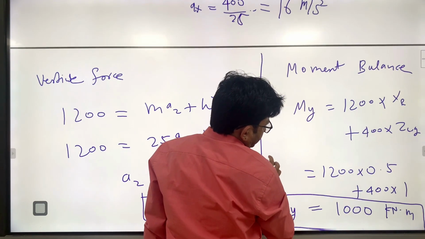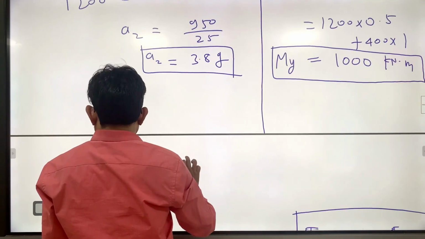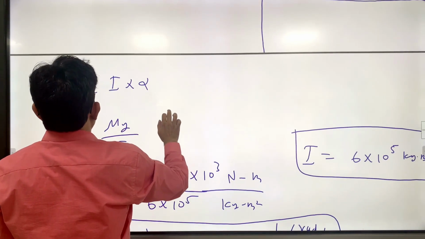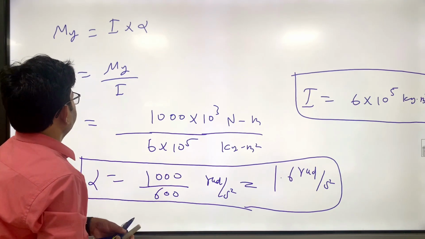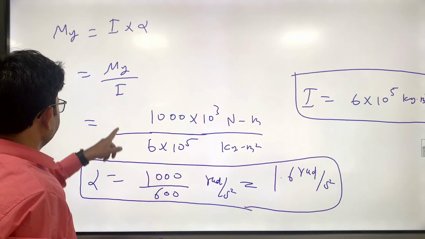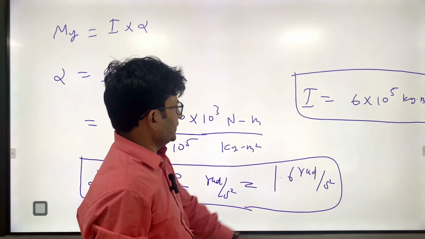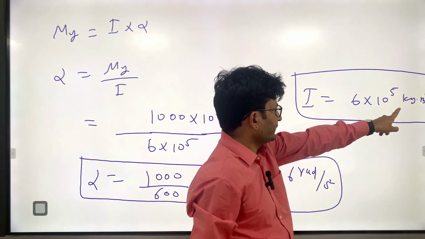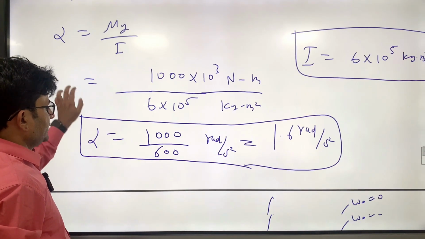That will come around 100 kilonewton meter. And that moment I already explained at the beginning of the lecture, M equal to I alpha, right? So alpha will be My by I. I you can take 6 into 10 to the power 5 kg meter square. So you can find out alpha is 1.6 radian per second square.